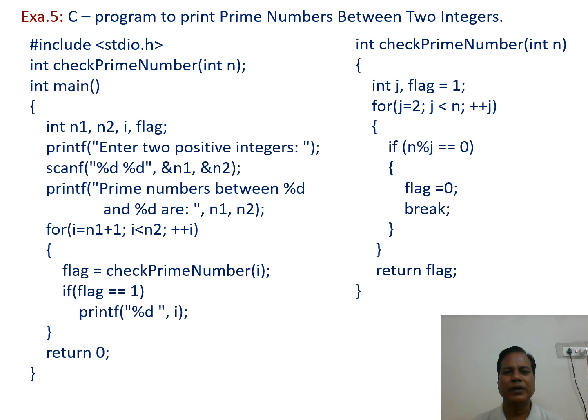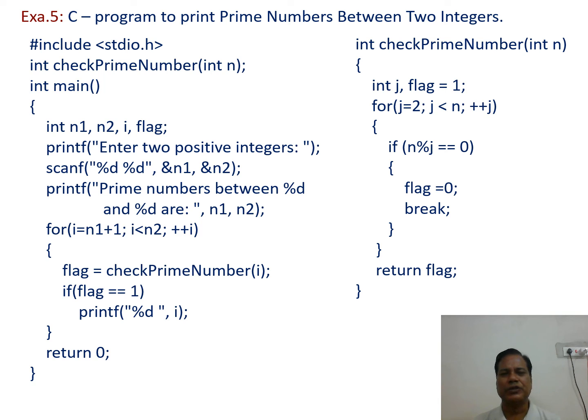So we print the first prime number higher than the smallest of the range, and then the value of i is incremented. Again the condition is tested.